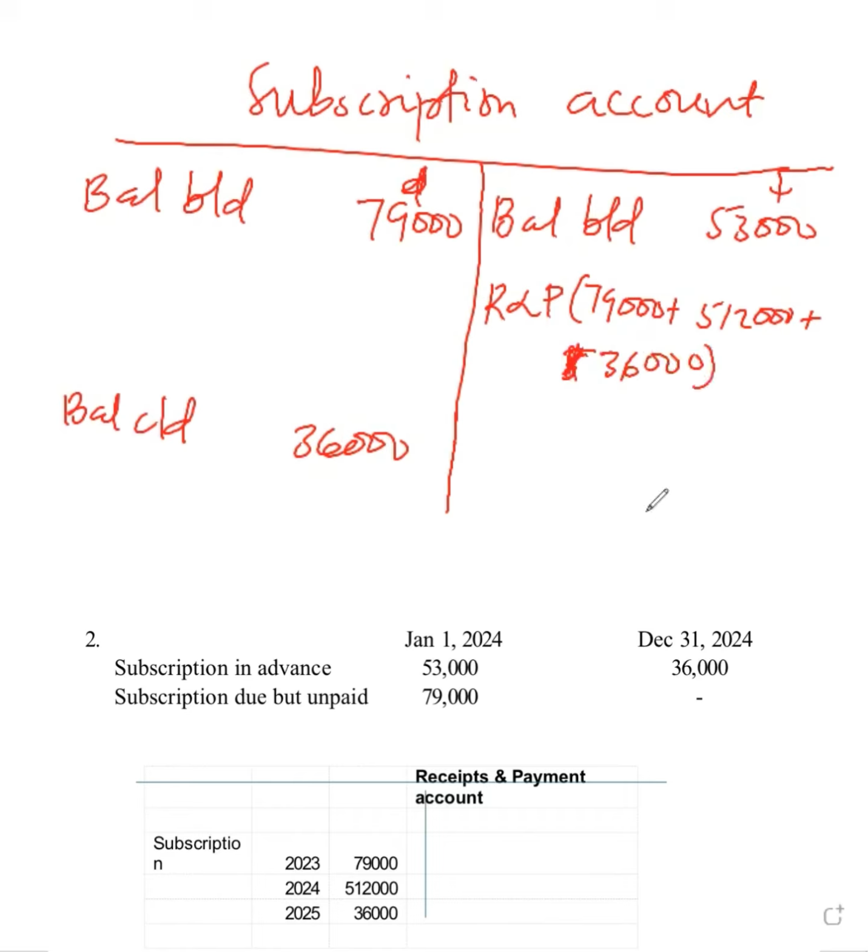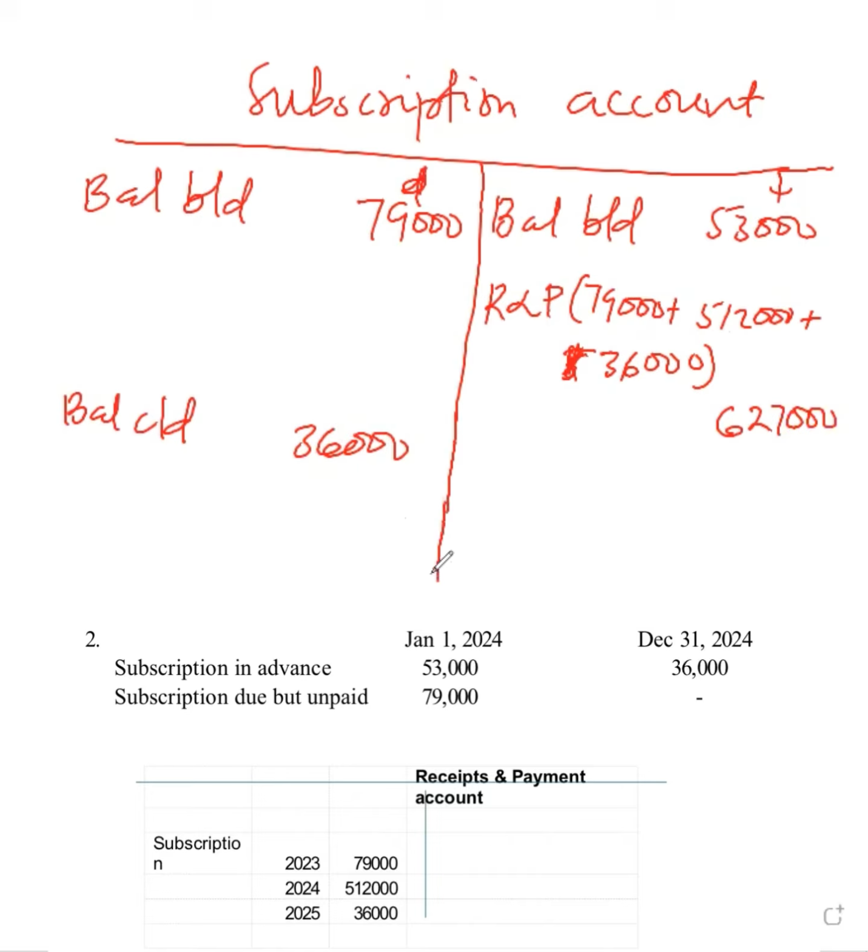When we add all these, we will get 627,000.